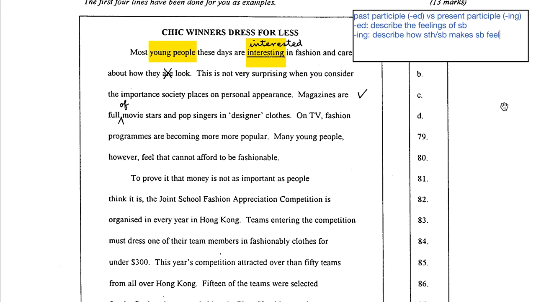So that means if we use the ing form of a verb, we are actually not referring to the feeling of the object. We are referring to how it makes other people feel. For example, this movie is exciting. That means it makes others excited, right?